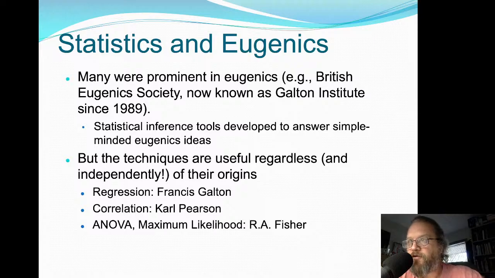So the interesting philosophical point is, these were, from our perspective, some pretty bad thinking people. So should you use the fruits of their genesis, why they came up with these statistical procedures?